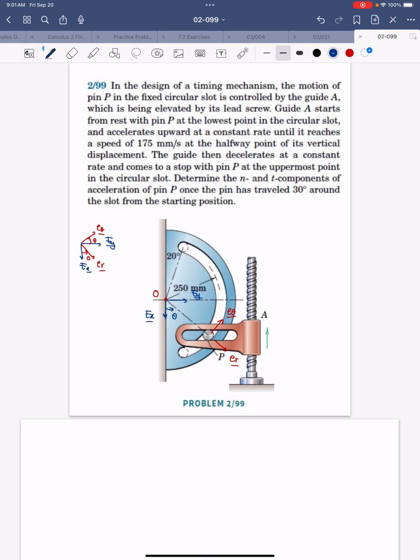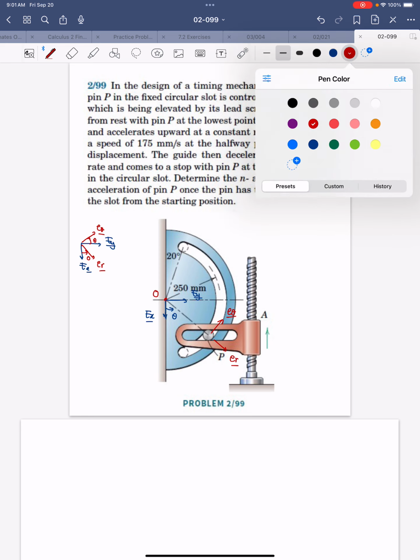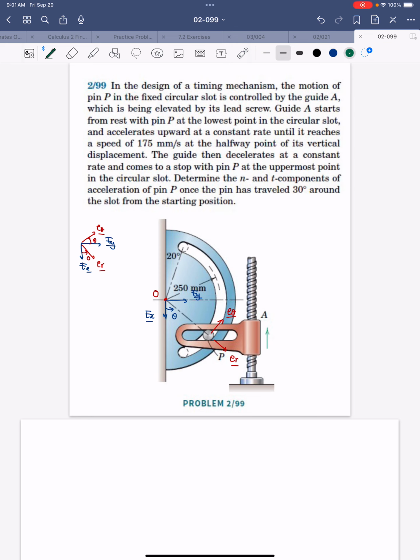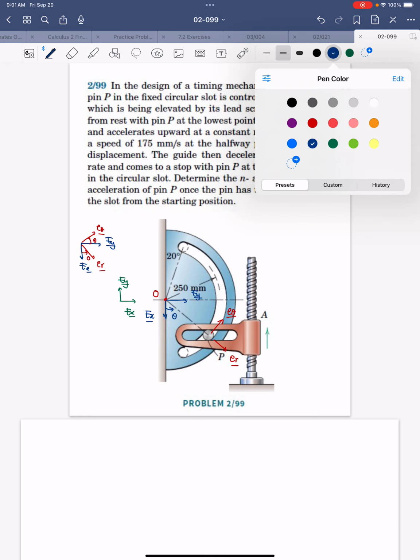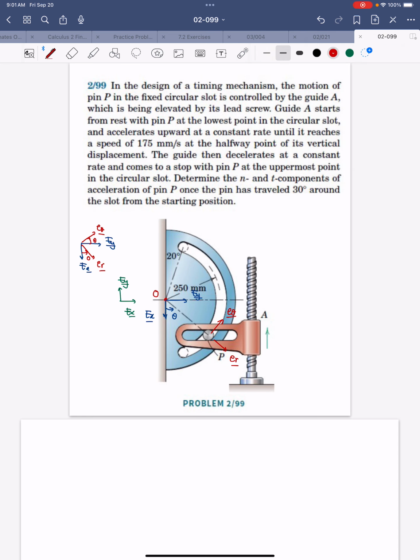Now we could have taken the Cartesian basis to be like this, for example, a regular e_x, e_y horizontal and vertical. And then e_r, e_theta, this is the angle theta, always starting from e_x to e_r.